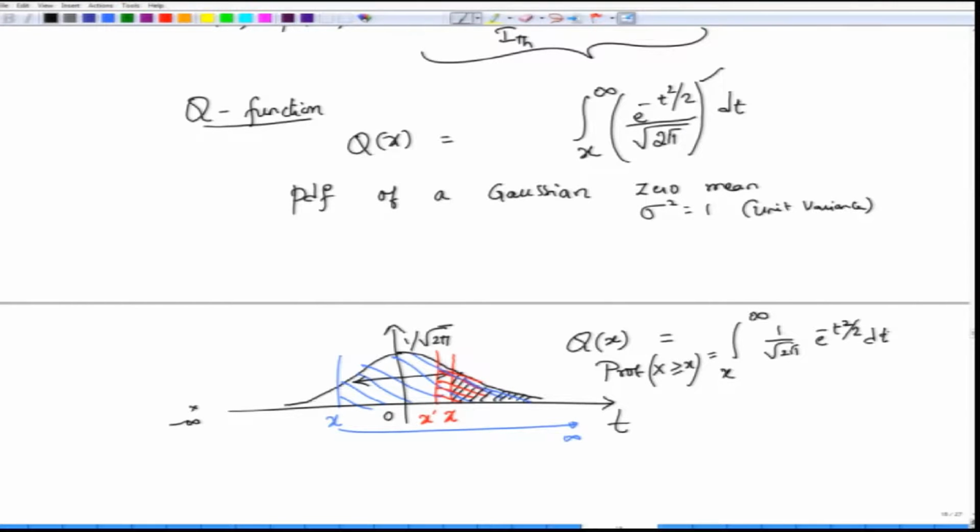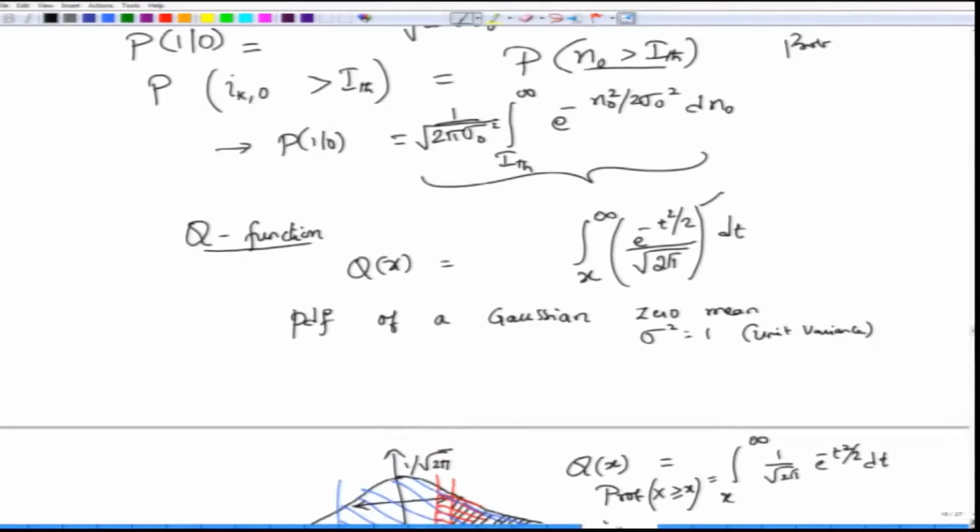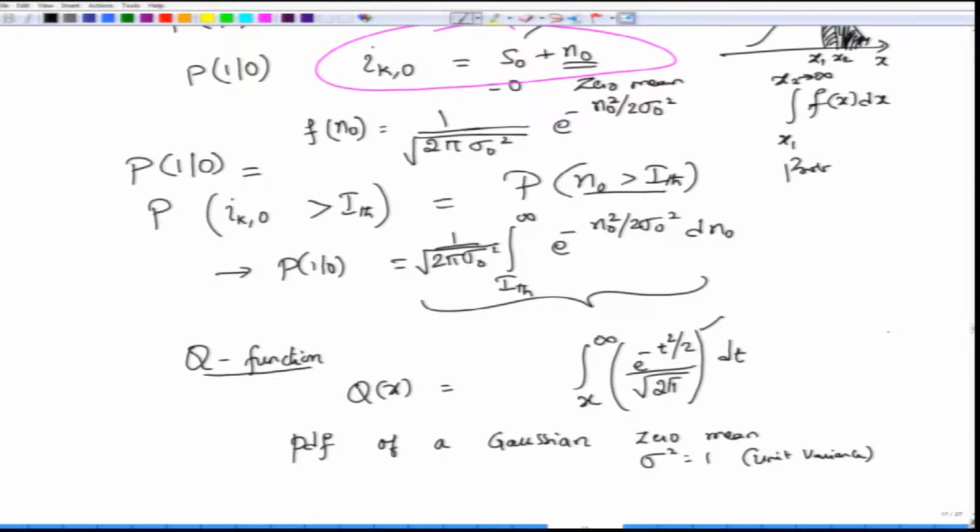Now what is the relationship of this Q function to our probability of the error? Well, look at this expression here. You have an integral which goes from I th, which is a threshold current, to infinity, and there is a function which is very similar to a Gaussian function, except that the variance of this one is given by sigma 0 square, while the mean is still equal to 0.